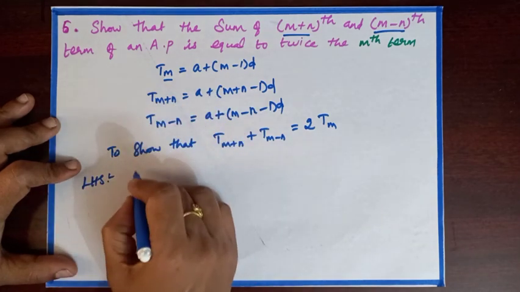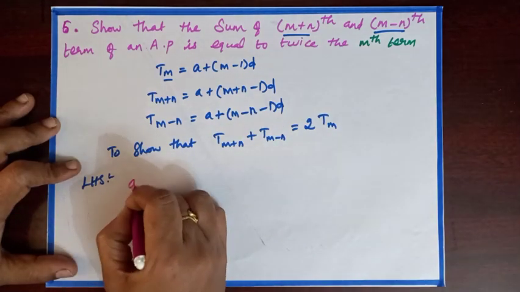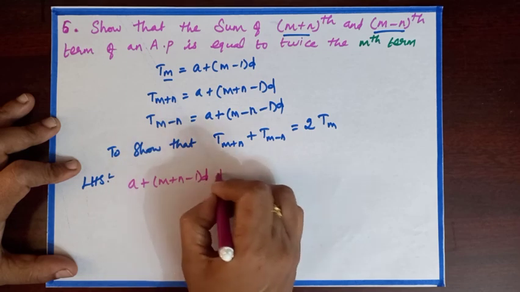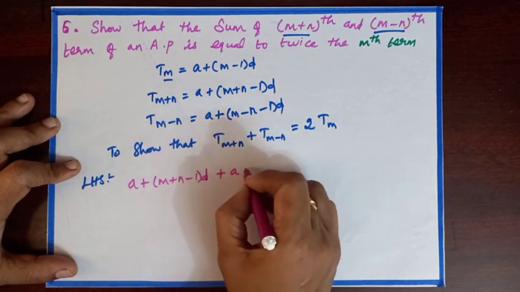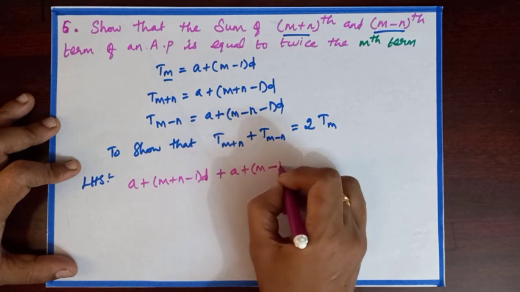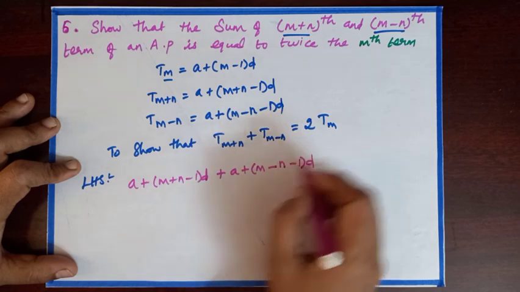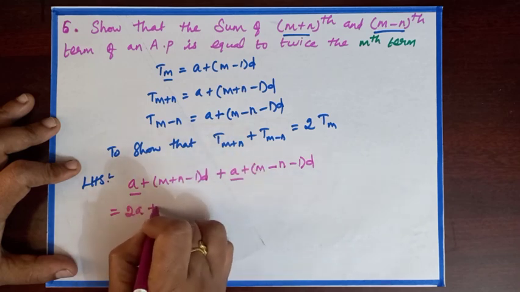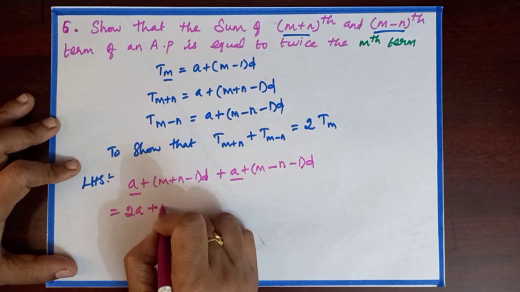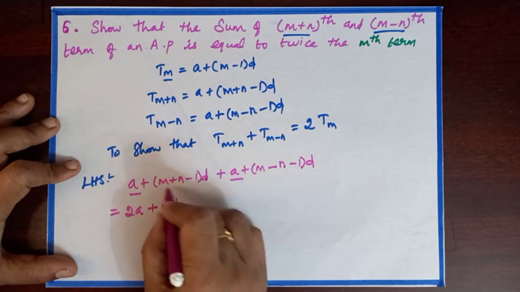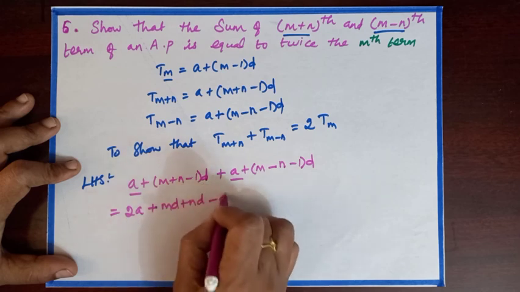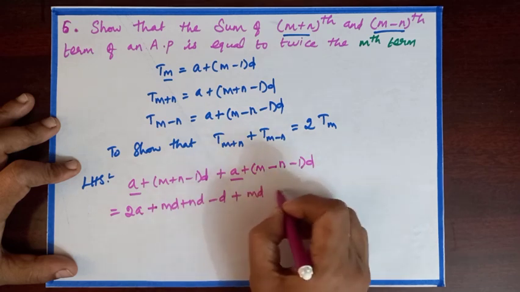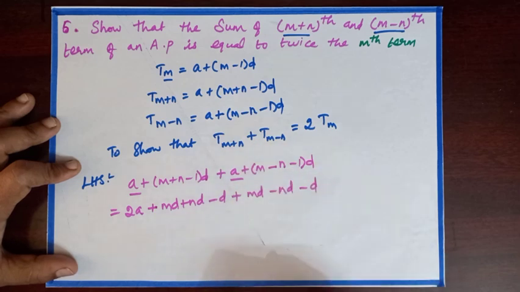Tm plus n is a plus m plus n minus 1 into d, plus Tm minus n is a plus m minus n minus 1 into d, which is equal to a plus a is 2a plus, multiplying inside the bracket, md plus nd minus d. Here also multiply inside the bracket with d: md minus nd minus d.